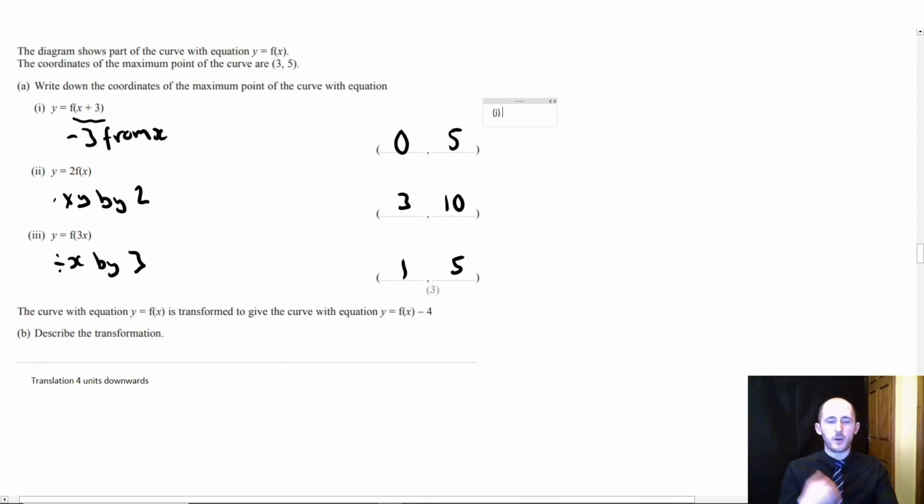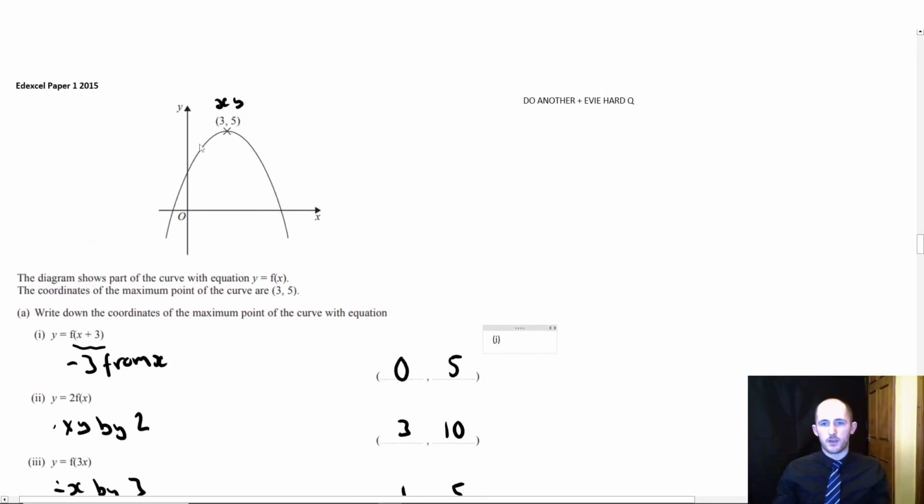So for part 1, if I were to describe this transformation in words, it would again be a translation. Okay, so again, I'm subtracting 3 from x, right? So all I'm doing is moving the whole thing left or right. So if I were to draw this graph, f of x plus 3, the new maximum would be here, because that's (0, 5), right?